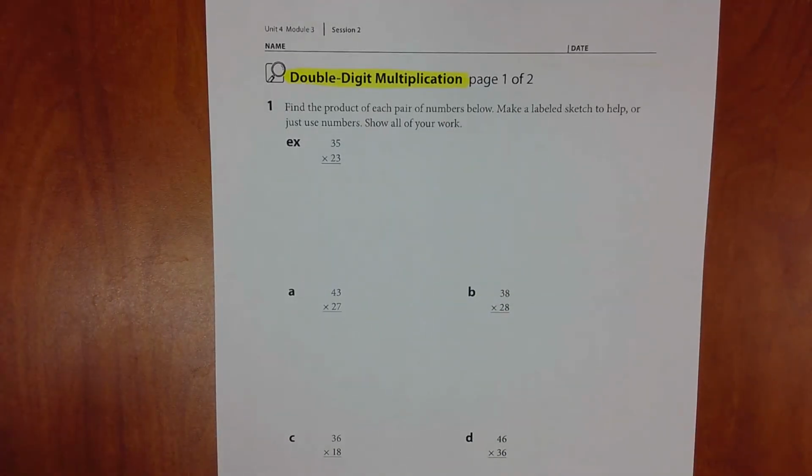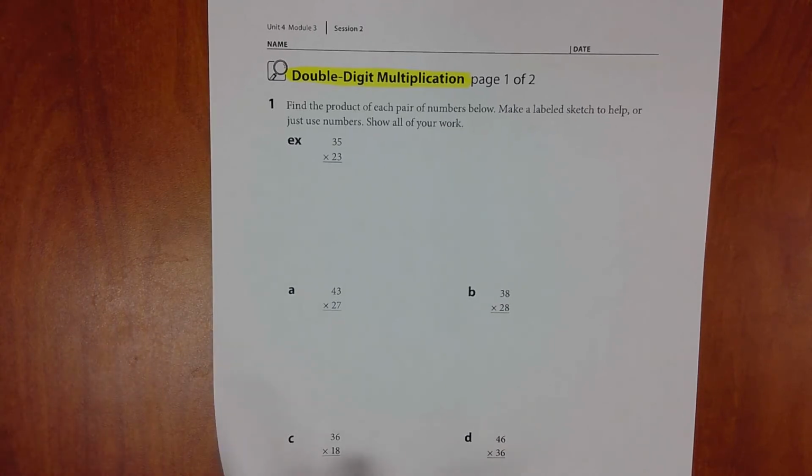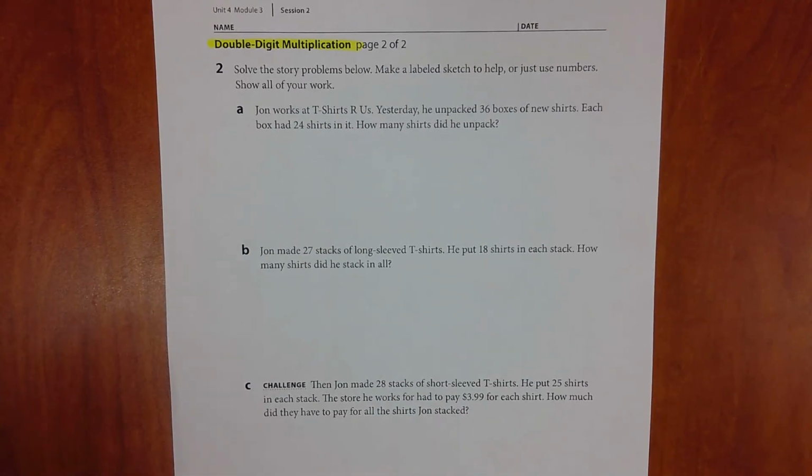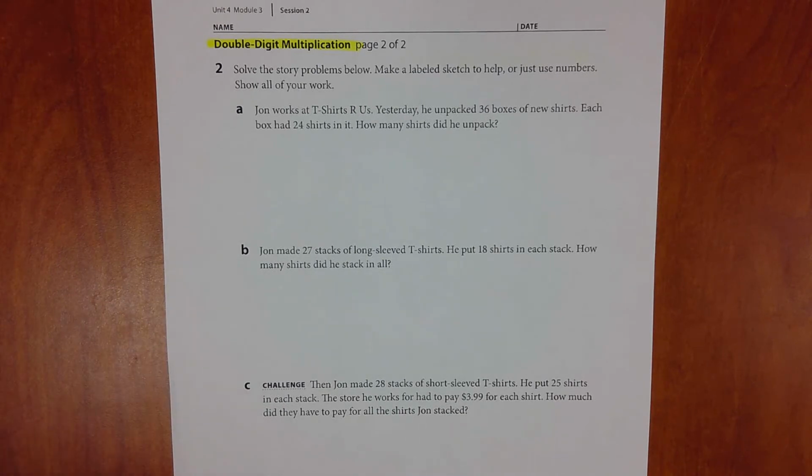But what you're going to do today is complete the rest of this page, A, B, C, and D. And then flip it over and see if you can solve the number stories before Friday. If you can't get it done by Friday, you can work on it this weekend. But there will be another assignment tomorrow.